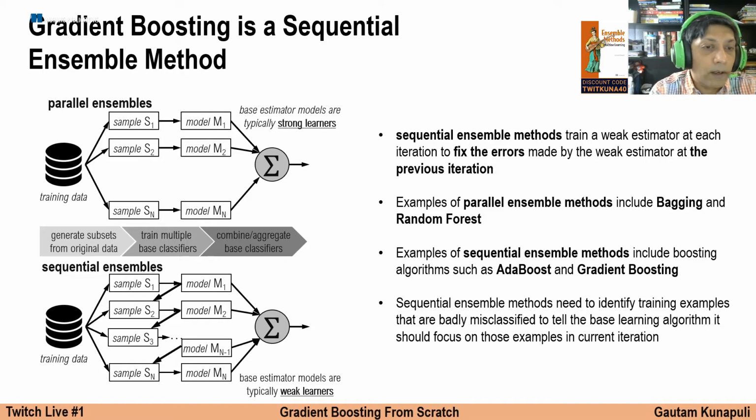In strict terms, a weak learner for classification has to do barely better than random guessing, right? And so it turns out that you can put together a whole lot of such weak learners to boost their performance into a strong learner. So that is basically what sequential ensemble methods do, and that is exactly what gradient boosting does as well.